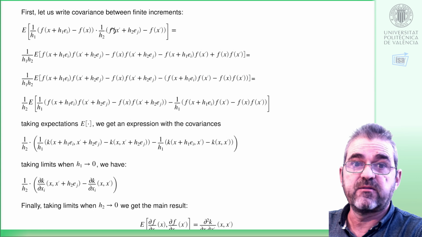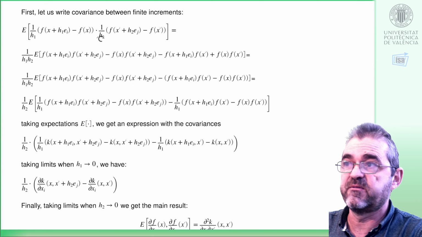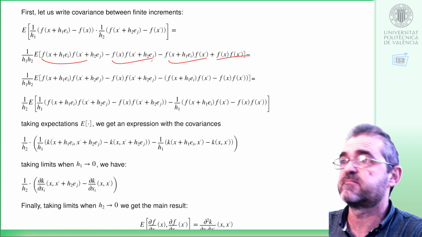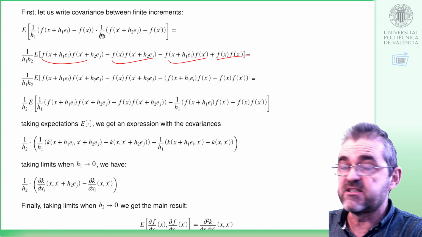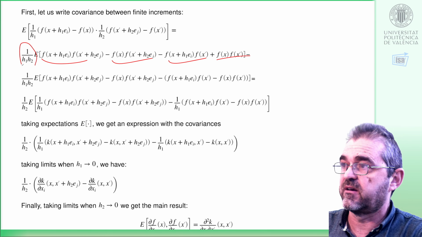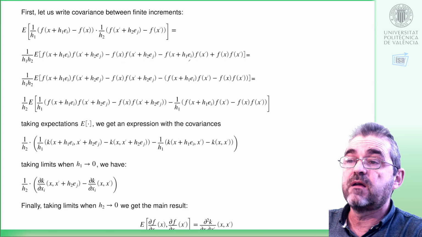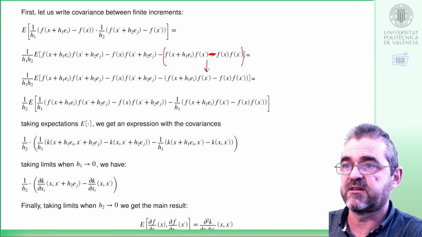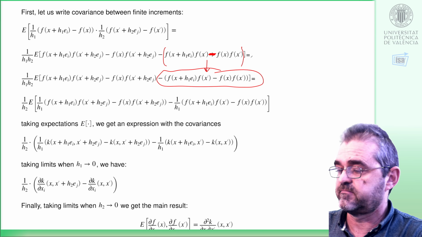In here, the product of these two differences will give me 4 terms in the multiplications, and of course h1, h2 dividing stuff can go out here, and I can just put a parenthesis here and change this sign, and that's what I did here.